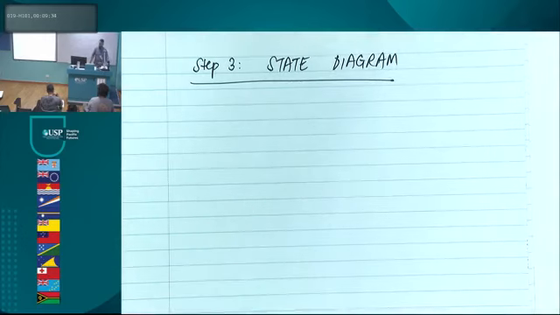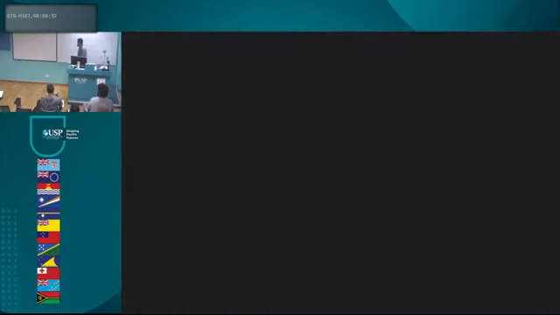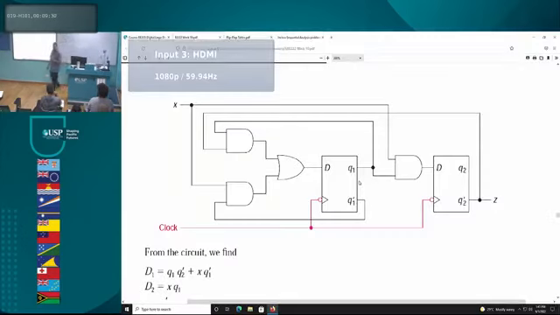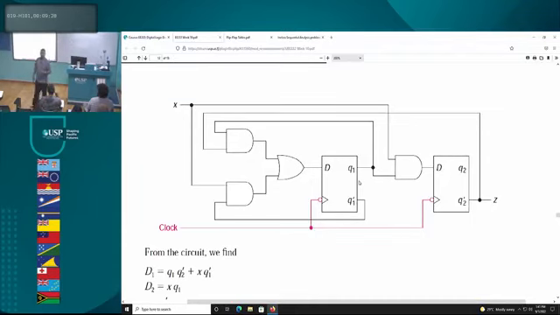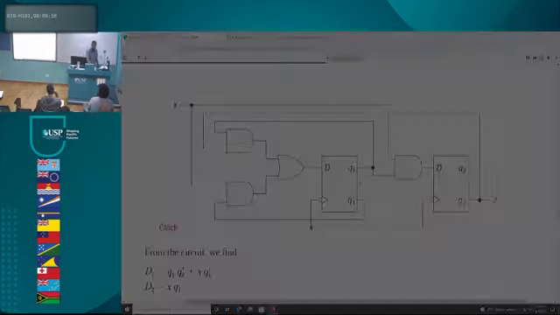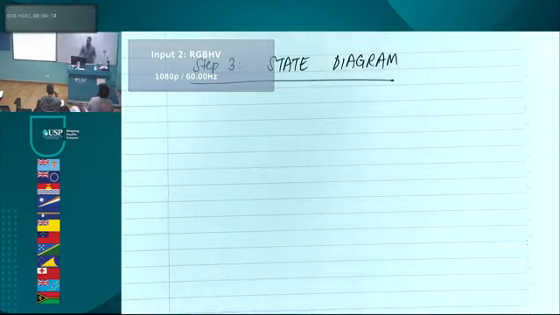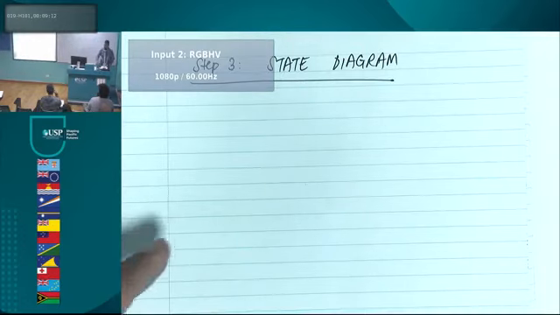Now, firstly, let's look at our problem. How many flip-flops? 2 flip-flops. How many states? 2, at any point in time, there are only 2 bits being stored. So there are how many possible states? 4 possible states.